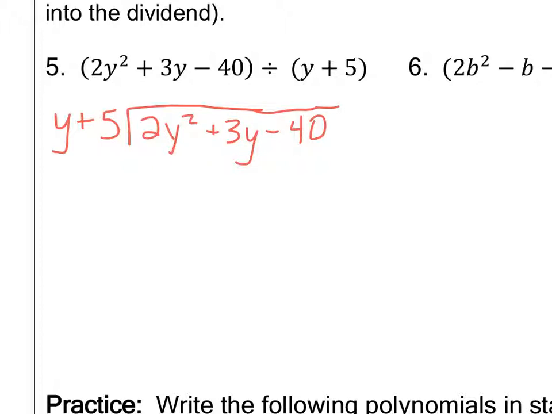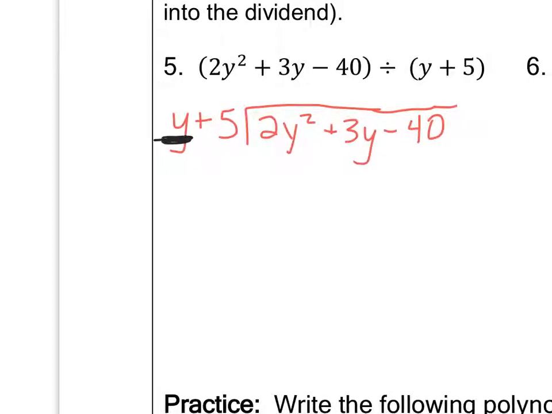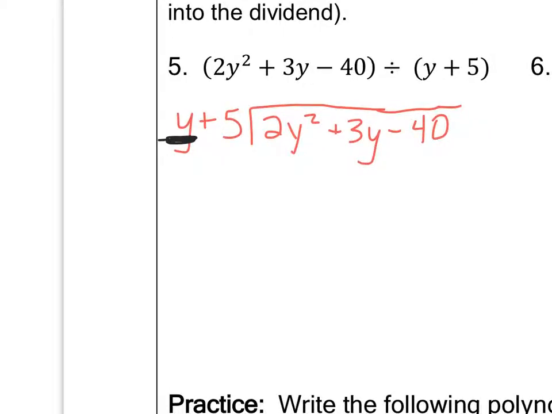When we're doing our dividing into, we're only going to be working with the first term, with the y. So we're going to look here at our 2y squared, and we're going to say, how many times does y divide into 2y squared? So let's just pull over here, get a little bit of a workspace, and I'm going to say 2y squared divided by y.